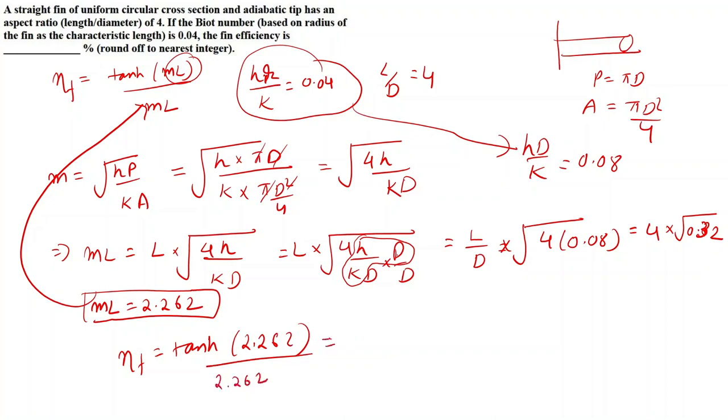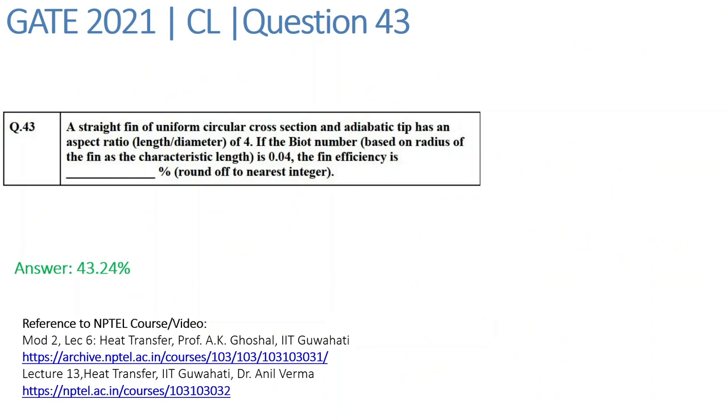So tanh of 2.262 is about 0.978, divided by 2.262, so it will become 0.4324. We have been asked to write it in percentage, so our final answer will be 43.24%. Since we have been asked to round off to the nearest integer, we can write it as 43 or 44. So this will be my correct fin efficiency in percentage.